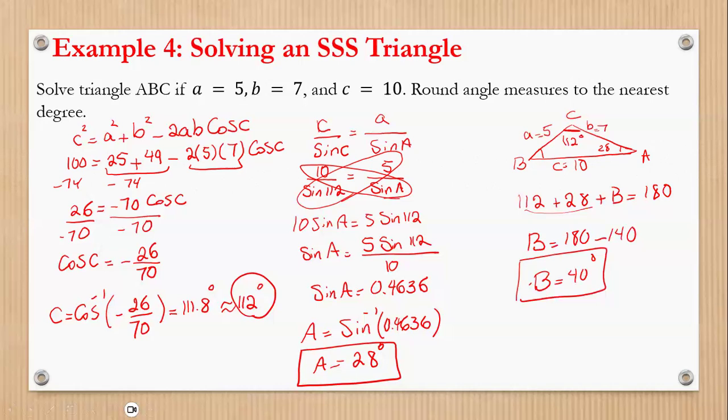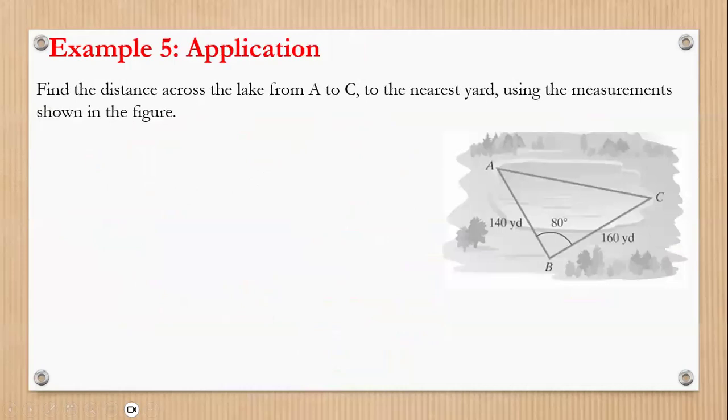We can also use law of cosine to solve applications, the word problems. For example, in this example, they're asking us to find the distance across the lake from point A to C to the nearest yard. So we have someone at point B, who knows the measure from this point to one side of the lake, which is 160 yards, and to the other side of the lake is 140 yards.